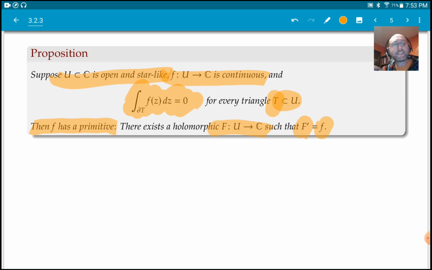We can anti-differentiate this little f, right?